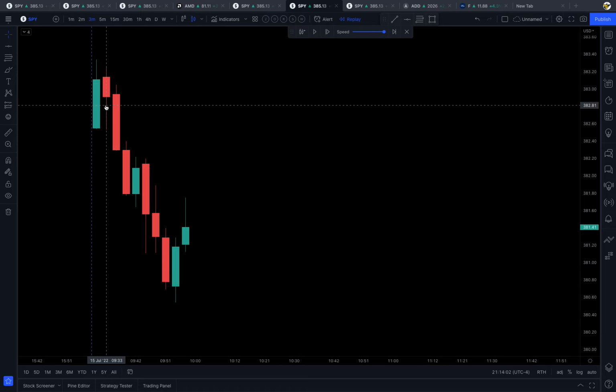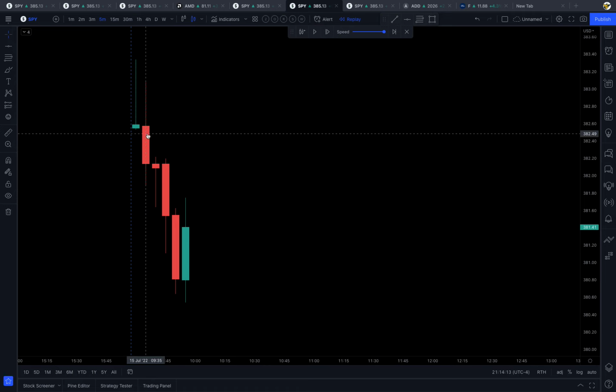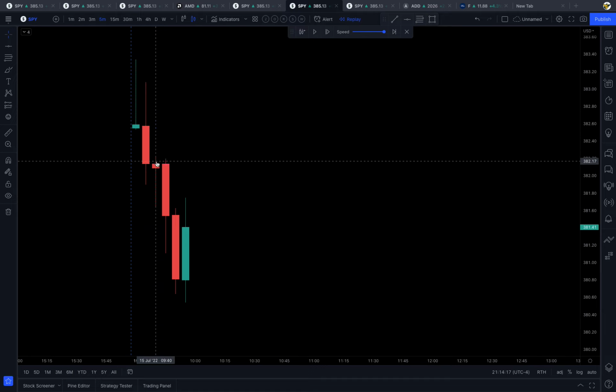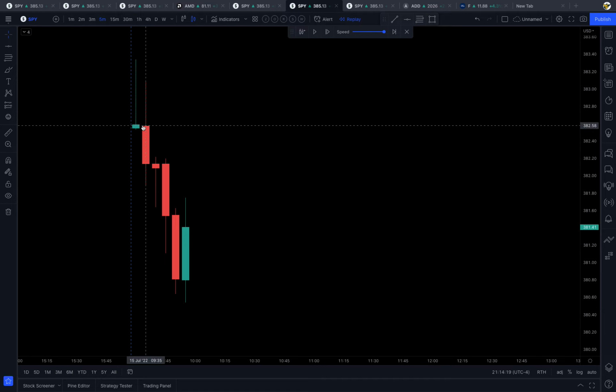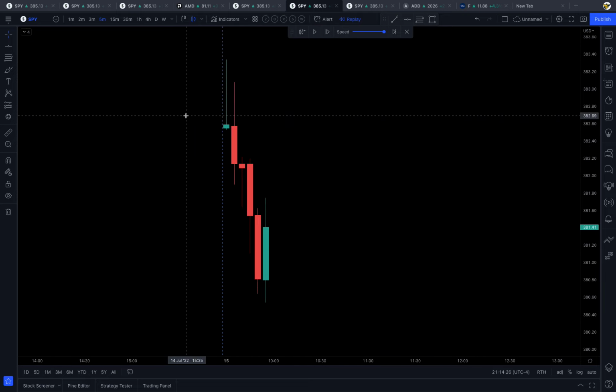I'm like, well, the 3-minute's not really a play, so I'm going to switch over to the 5-minute. And the 5-minute's the same way. If this second candle here didn't break the high or low of this first candle, I'll play the third candle on the 5-minute to see if it did break it or not. So it's basically the same thing, just a different time frame.